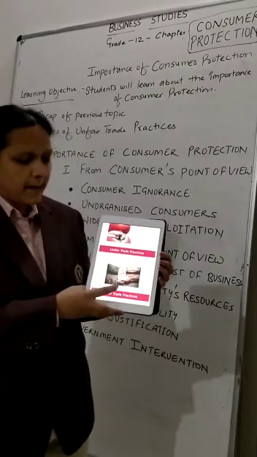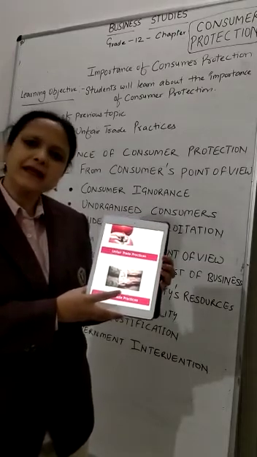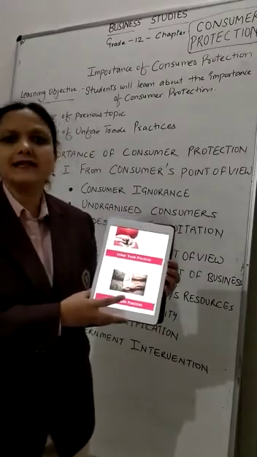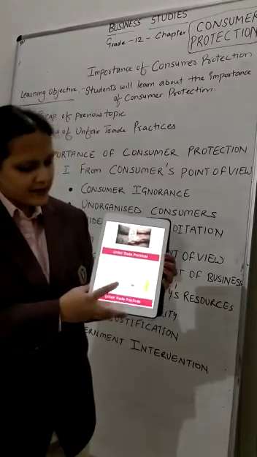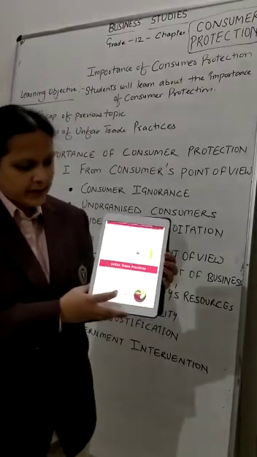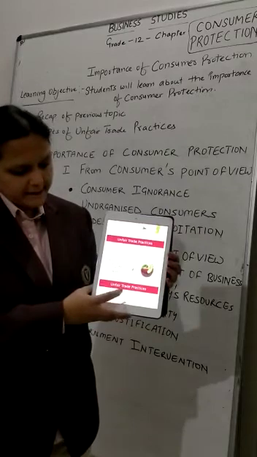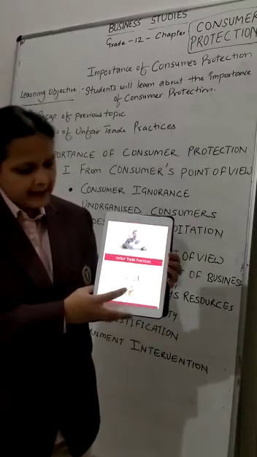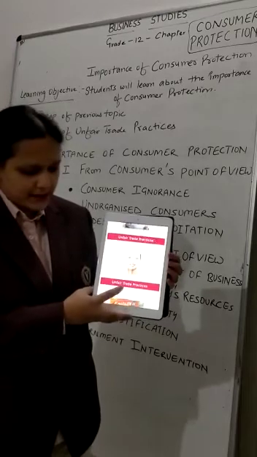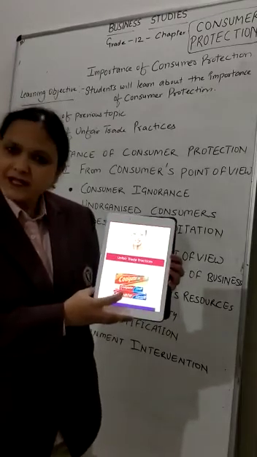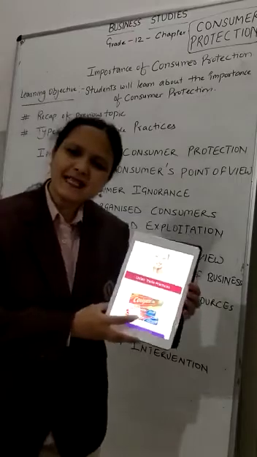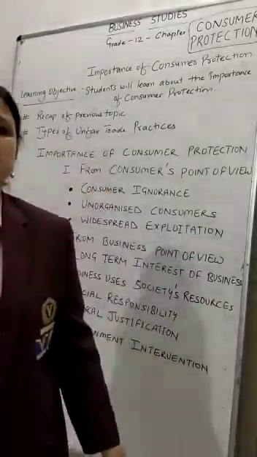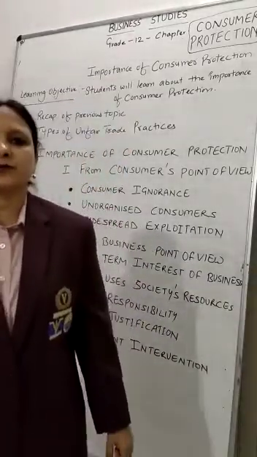The next is black marketing, that means buying and selling of goods in a way that is not legal. Next is false weight, poor quality, exorbitant price, and then misleading advertisement and duplication of brand. These are examples where you can face exploitation.